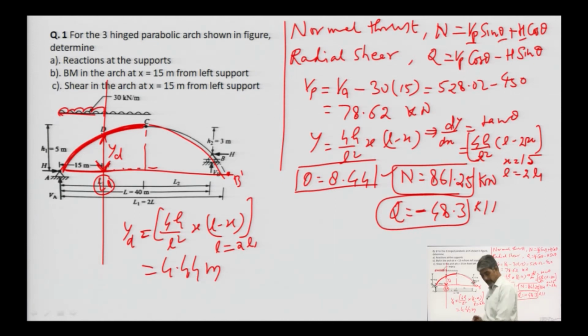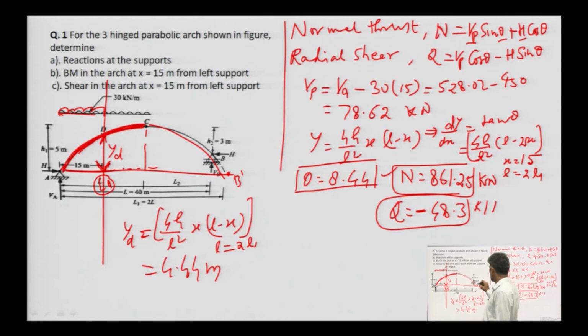These are the procedure if supports are at different elevation. If the supports are at different elevation, then you can calculate in this manner. What you need to take care of is putting the value of L, by making a symmetrical arch.